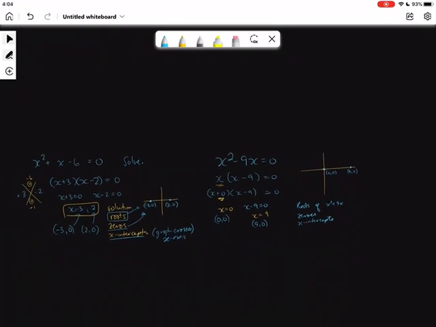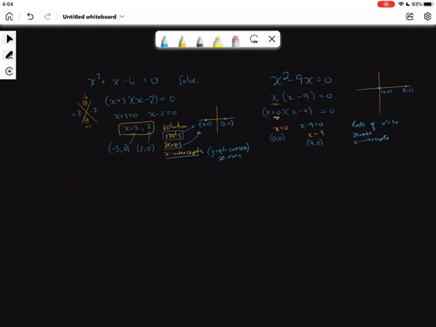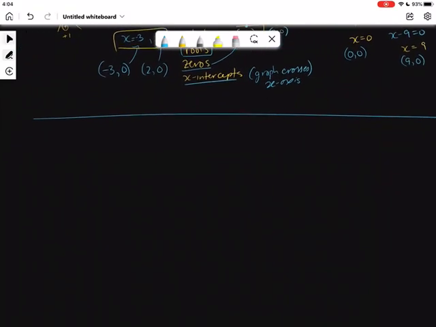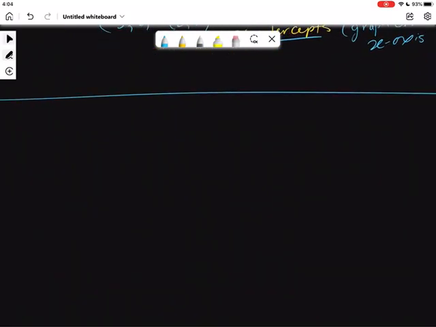So here I gave you 2 examples that can be factored. You can solve them this way. It's no big deal, right? But what if you can't factor? What if you have something that looks like this? So let's say you have x squared minus x minus 3 equals 0.